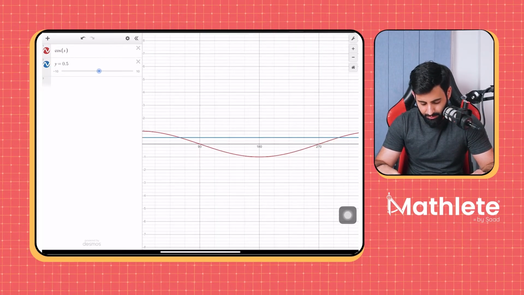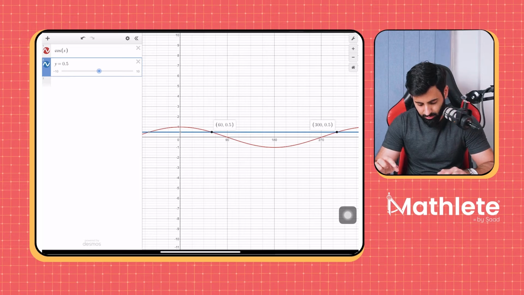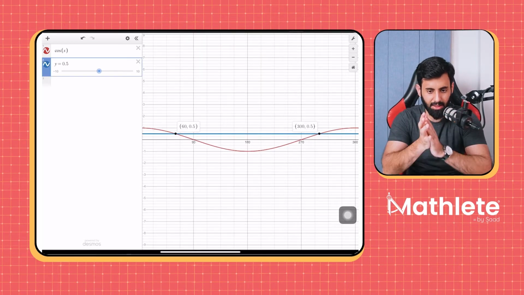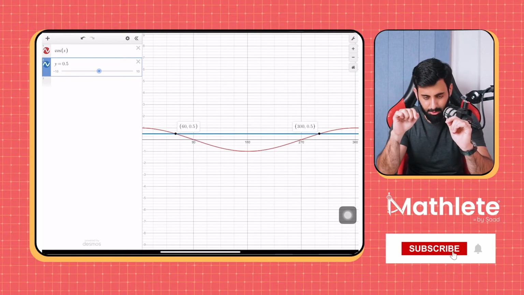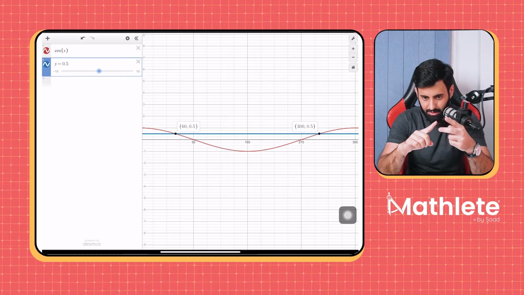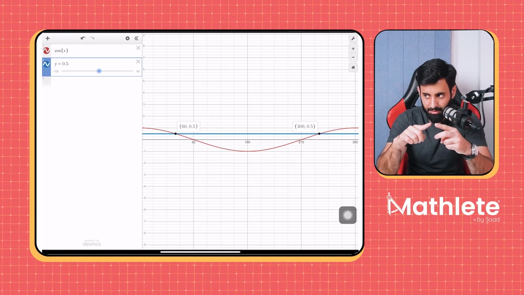So, in the first cycle, if cos is equal to 0.5 at 60 and 300, forget what we have done, listen to what I'm saying right now. If in the first cycle cos is equal to 0.5 at 60 and 300, when will cos be equal to 0.5 in the next cycle?